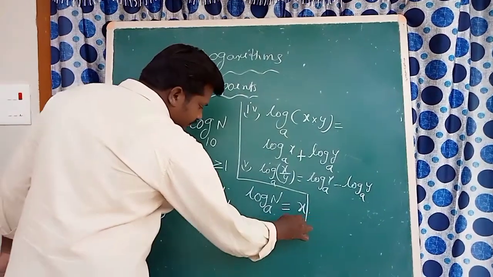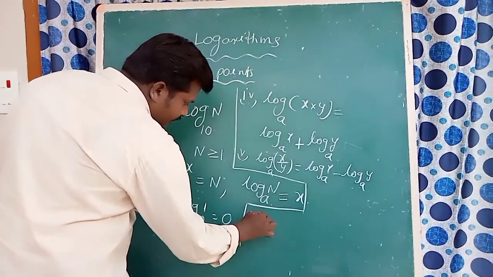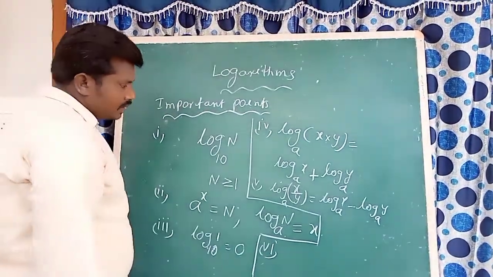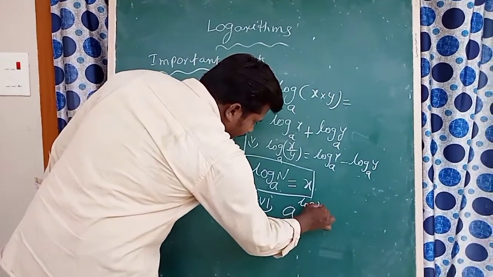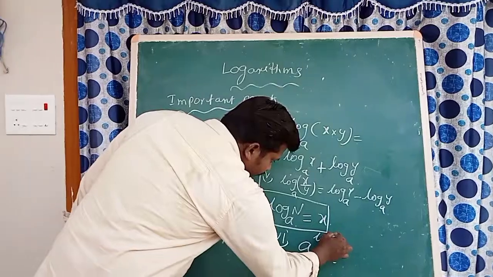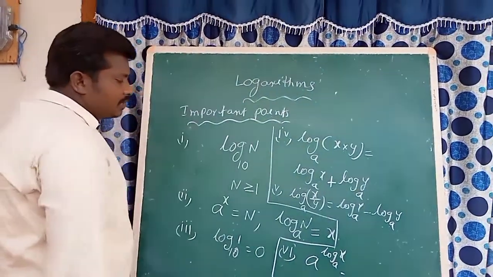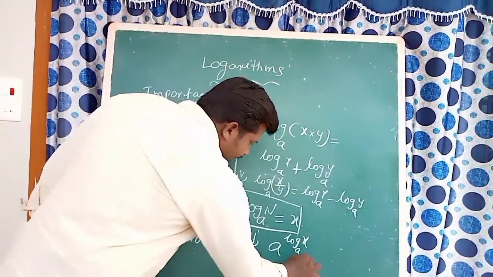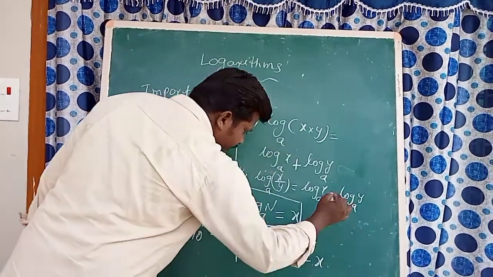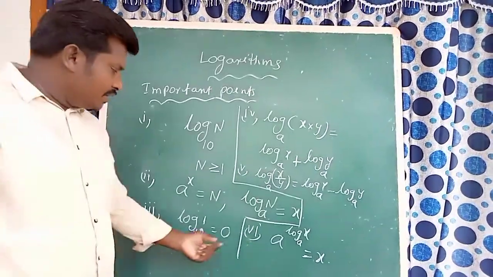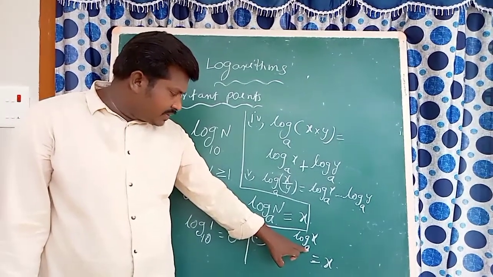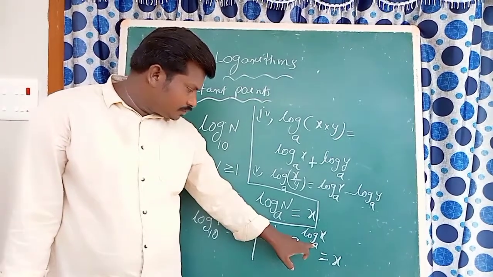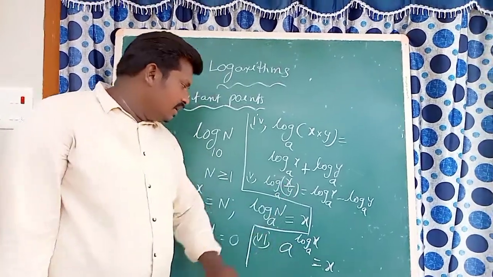And the sixth one: a power log x base a. This is a very important formula. The answer is x. That's all. If the base value and the base of the log are both the same, then you will get x.